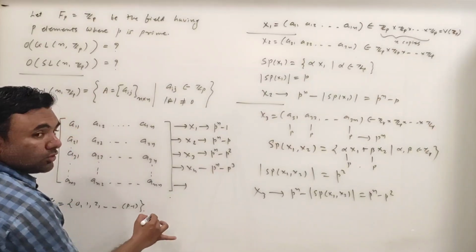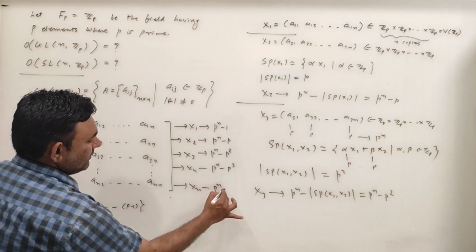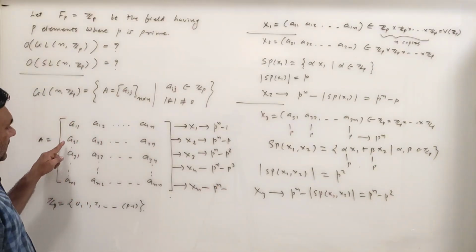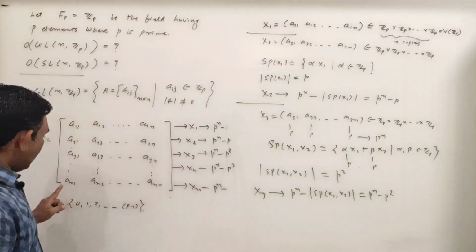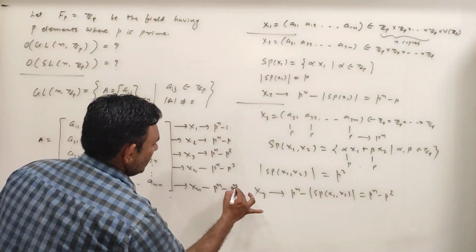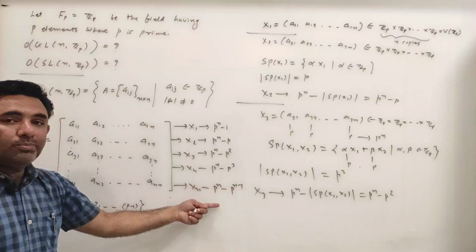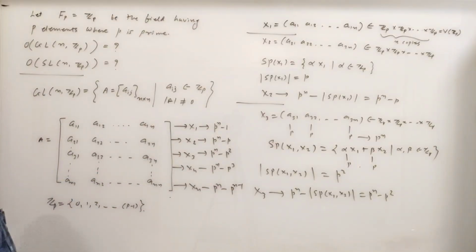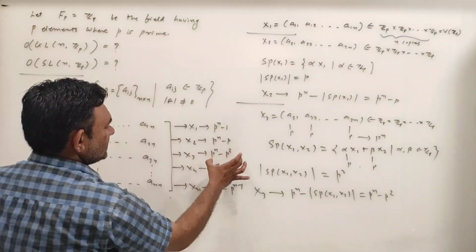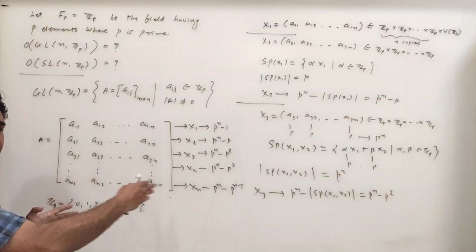The nth row, that is xn, has P raised to n minus 1 choices, just as the ith row has P raised to i minus 1. So for the nth row, P raised to n minus 1. Now we have to select all of them together, so you just find the product of all these. This many ways you can choose the first, second, third, up to the nth row.